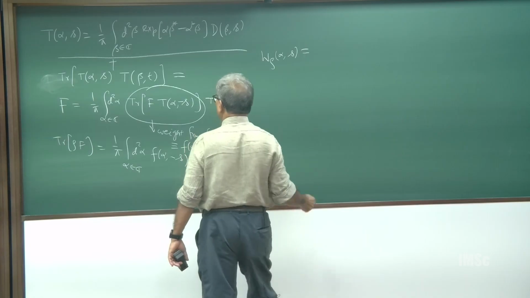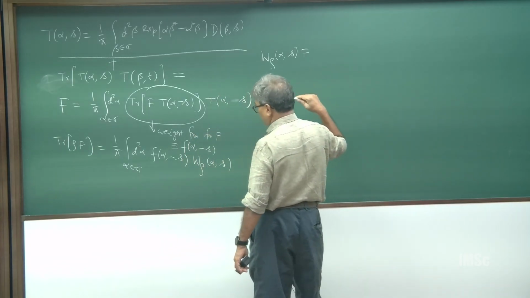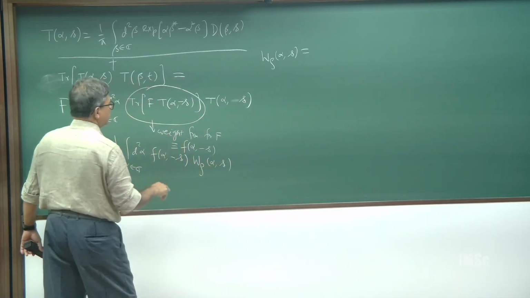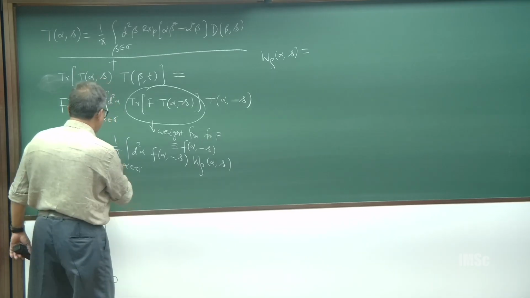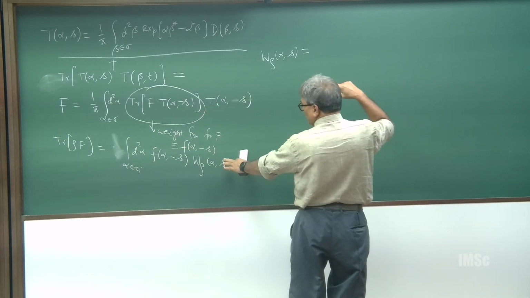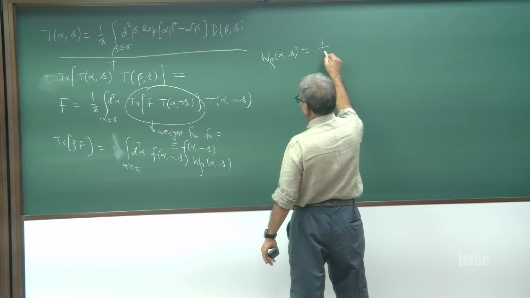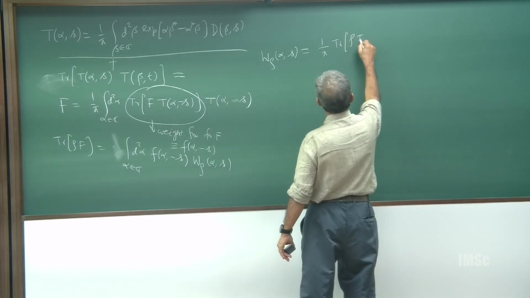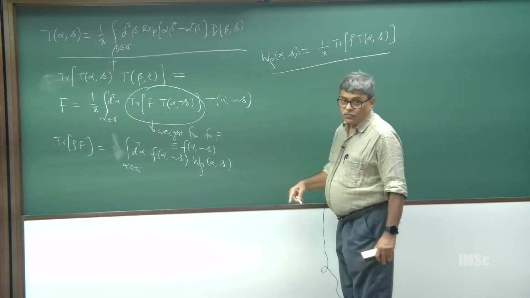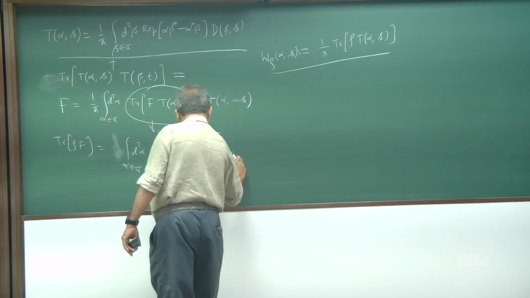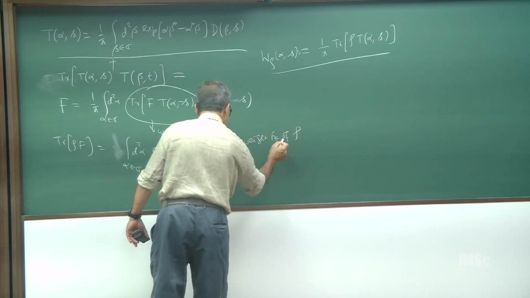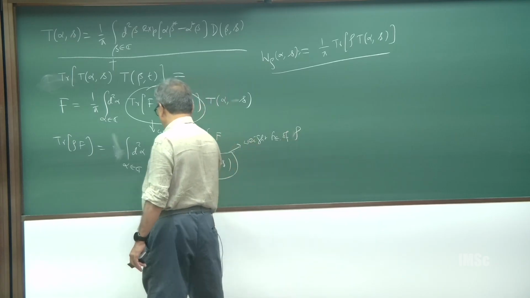W rho of alpha s is equal to, either you can take this 1 upon pi inside, so maybe I will take 1 upon pi inside, okay. So, this will be 1 upon pi trace of rho T of alpha s, okay. So, this is my definition. This is the weight function of rho and this is the weight function of F, okay.